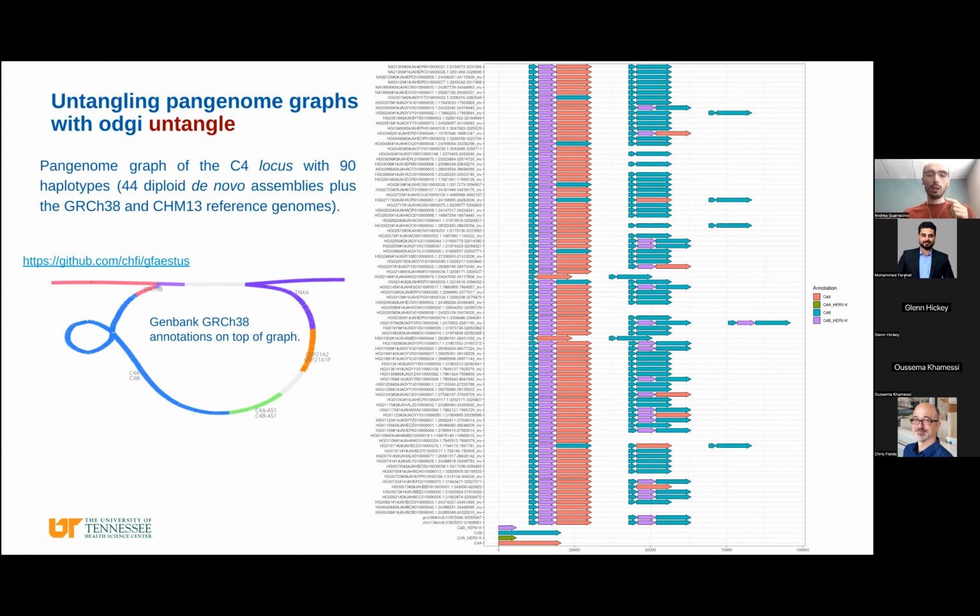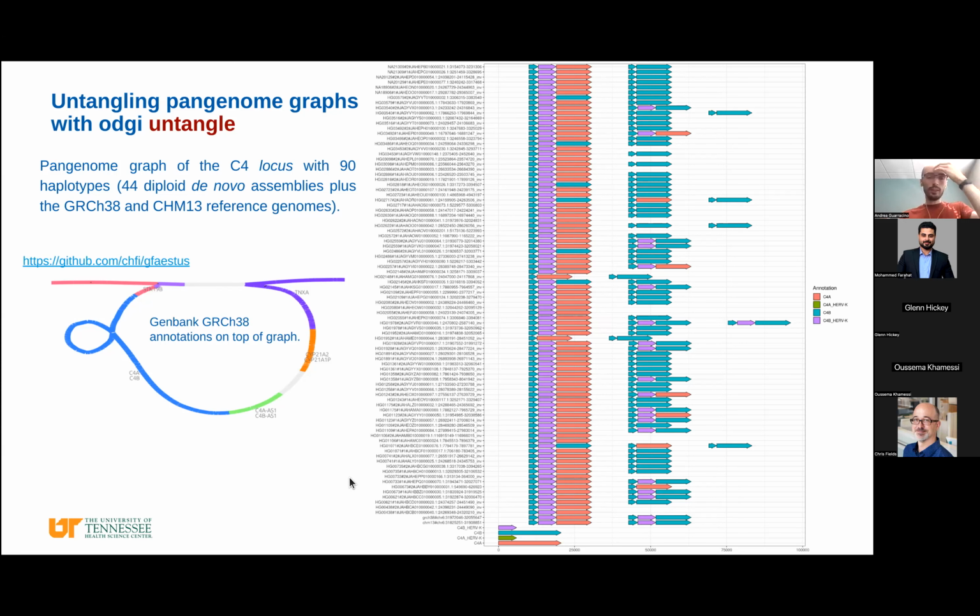In this example, I put inside the pangenome graph the annotations taken from GRCh38. I took the annotation for C4a, C4b, and the retroviral sequences. You can see them on the bottom of the plot to the right.